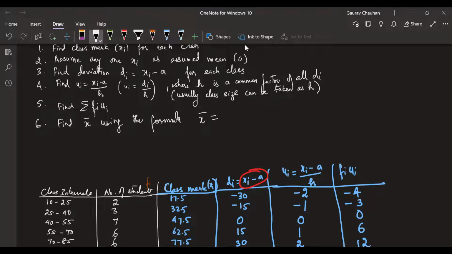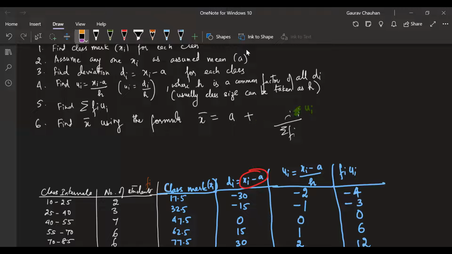So find x bar using the formula x bar equal to a plus, in assumed mean, what was there? It was sigma fi di by sigma fi. Now di has been divided by h to give ui, which means you have to multiply by h now, so that the net result is the same.